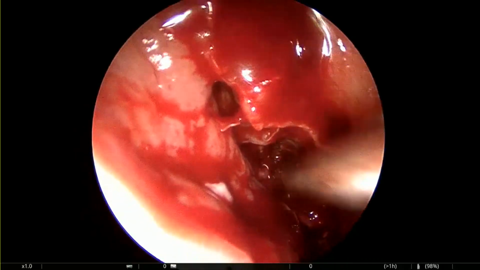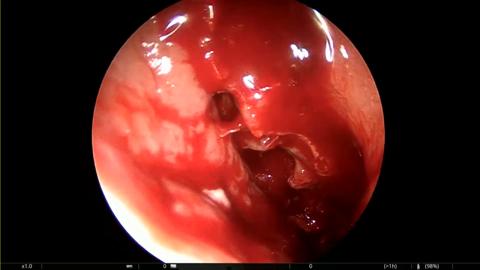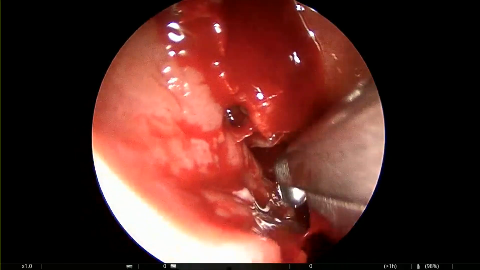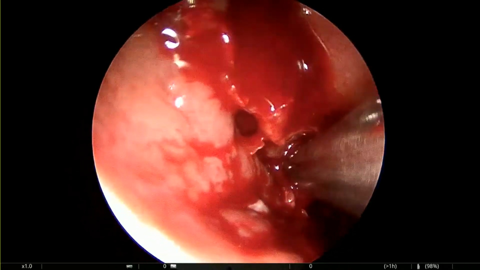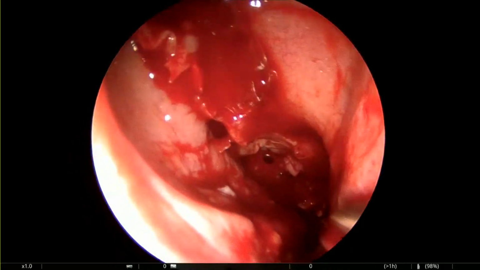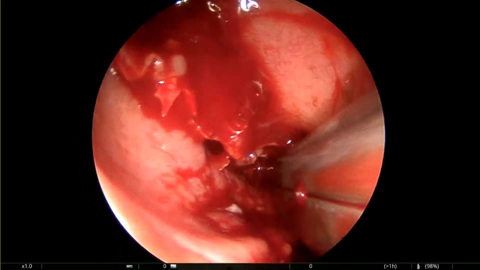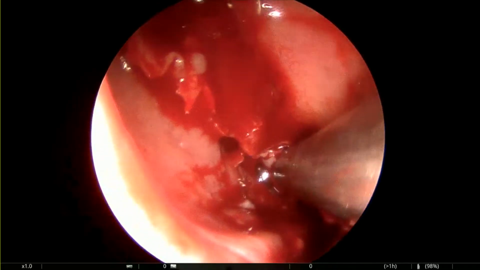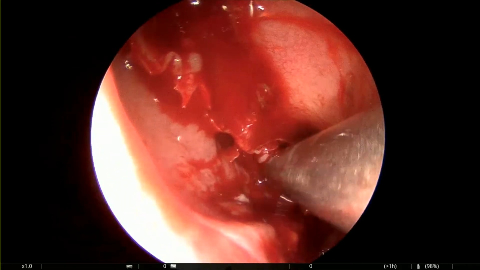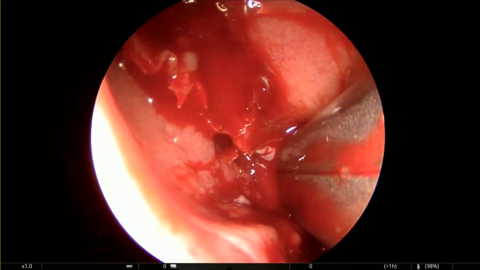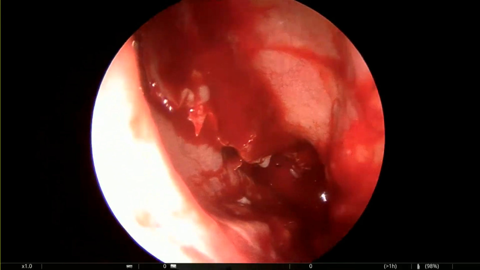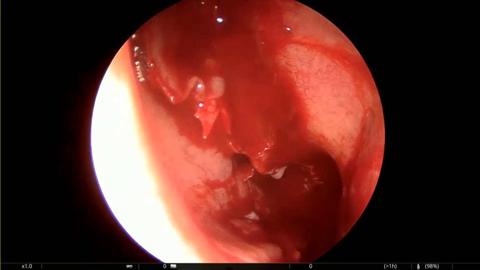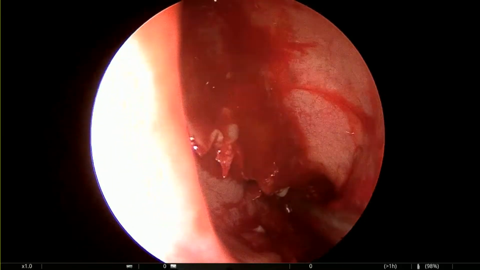Downward. This forceps cuts the bone. It's the reason why I twist my forceps along its longitudinal axis, avoiding catching and crushing the different walls of the sphenoid sinus.